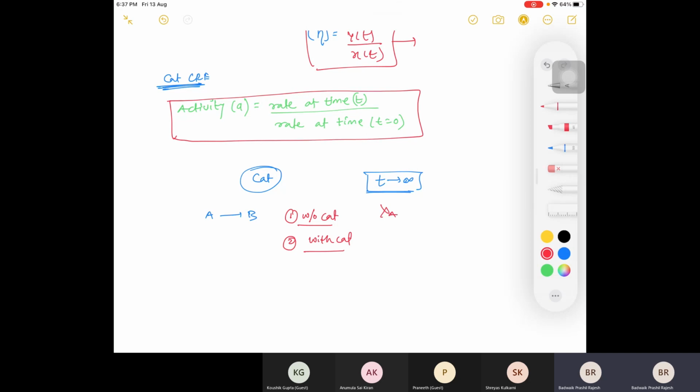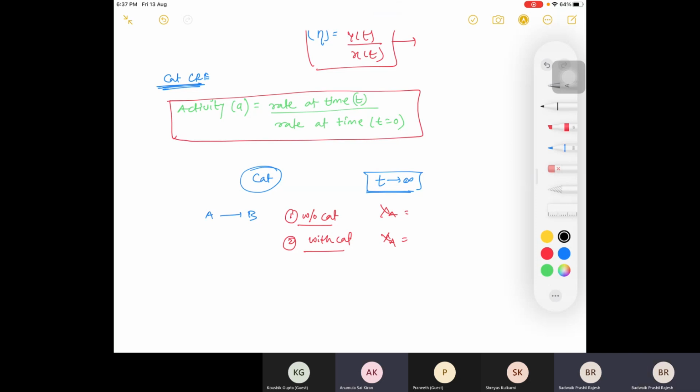What will be my conversion? It will be the same. Why? Because by catalyst we can only increase the speed.